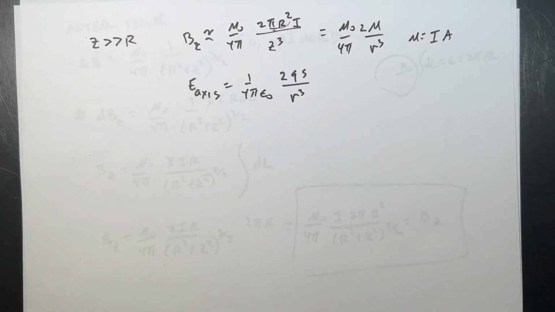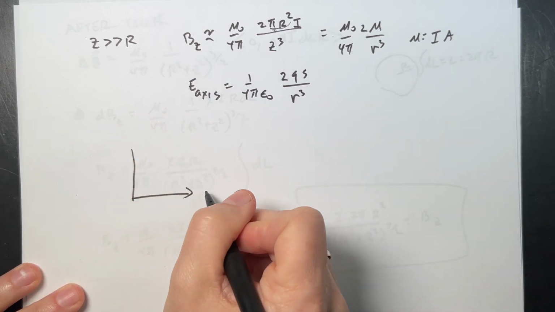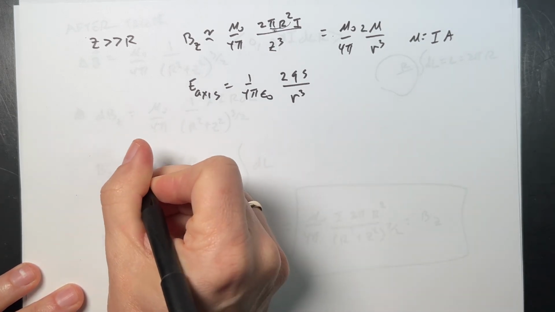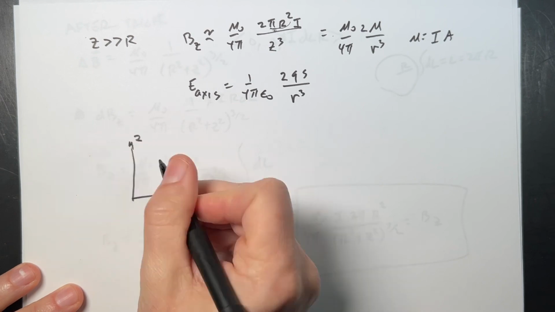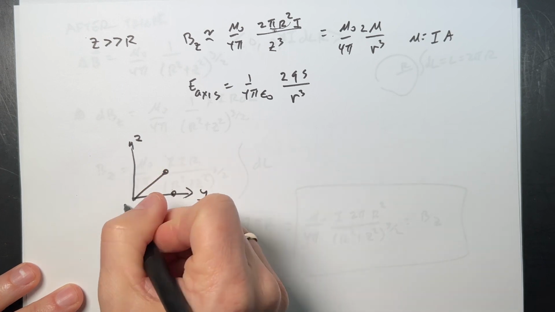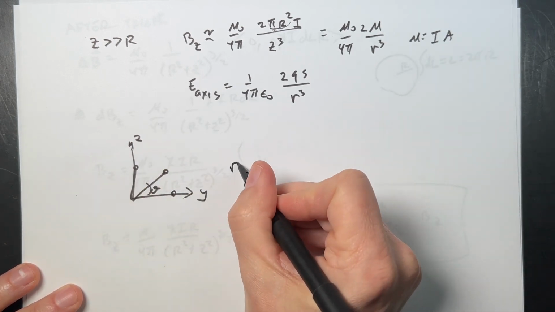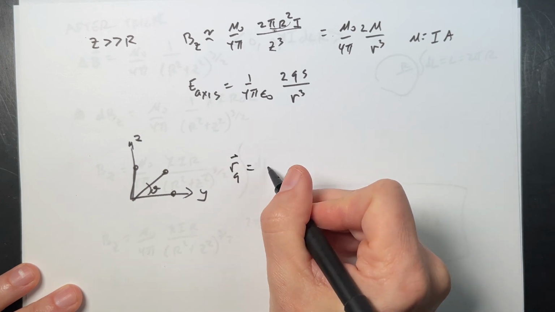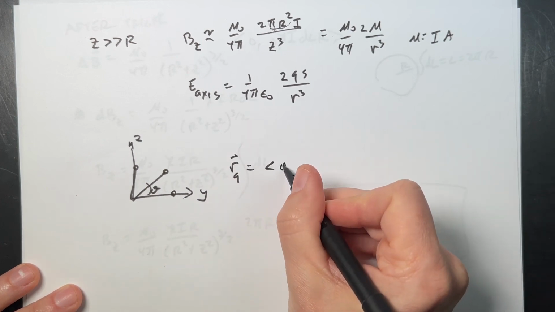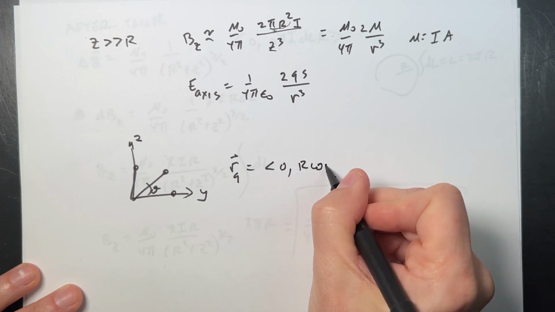So I'm going to do it this way. This is going to be y, z, let's just pick. And it has a radius r. So each piece is going to be defined by its angle theta. So r is going to be equal to the x component 0. The y component is going to be r cosine theta.